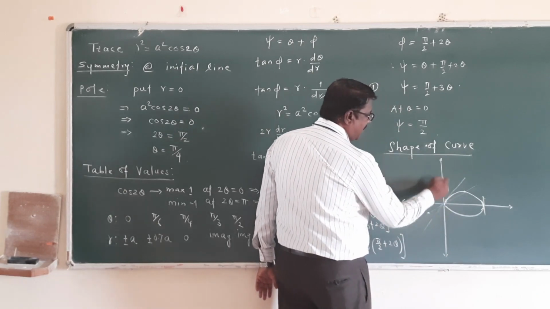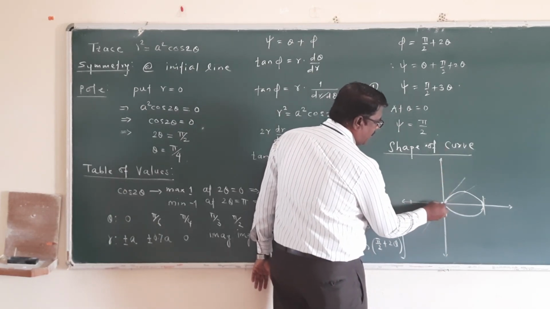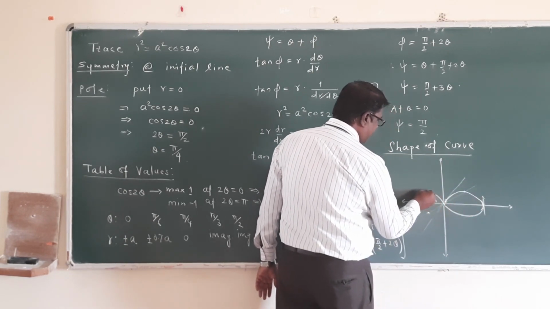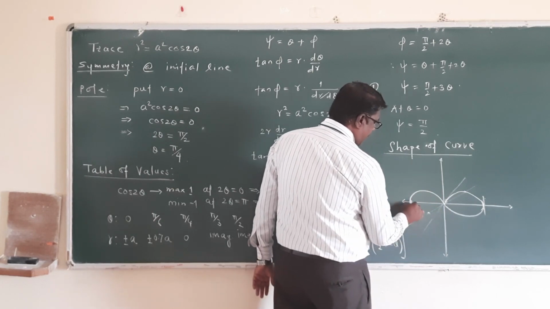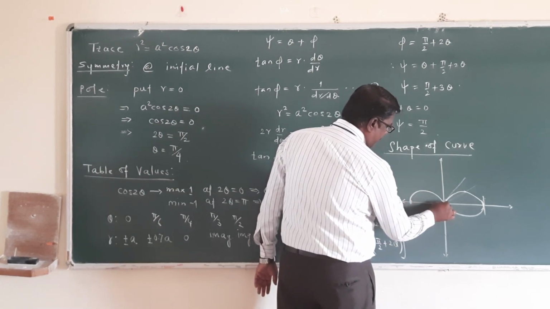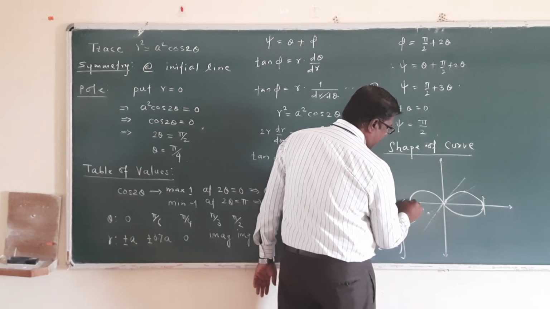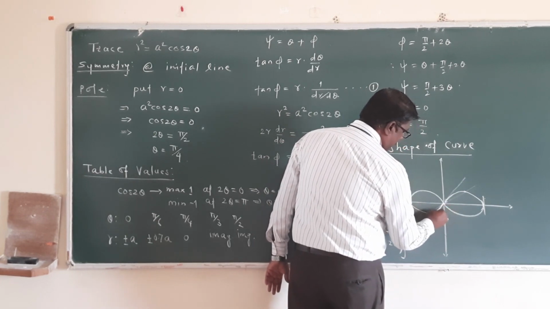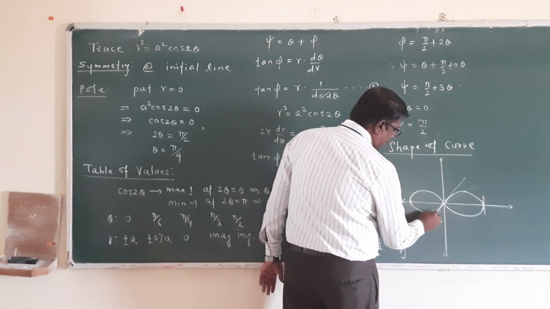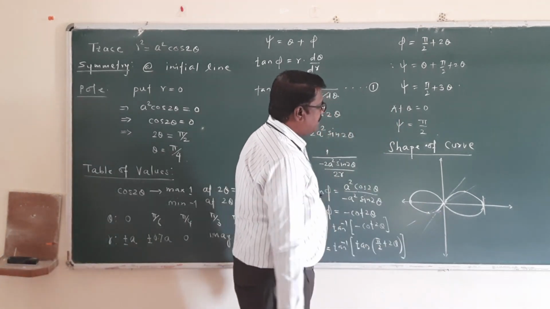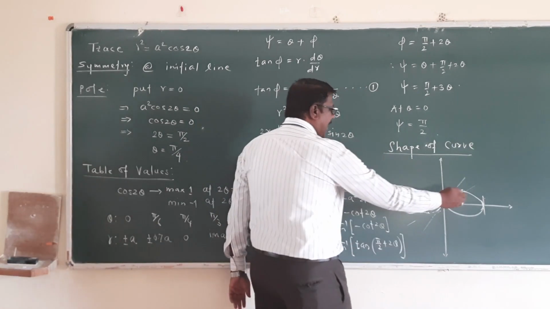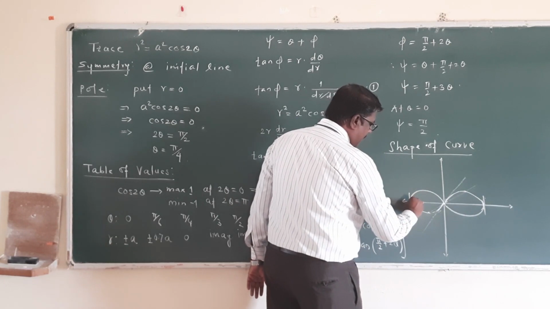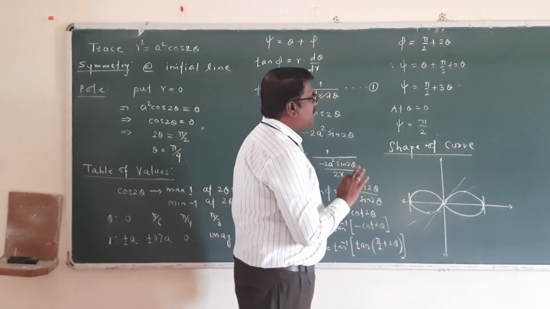So if the curve is symmetric about the line theta is equal to pi by 2, whatever curve we have drawn on this side, the same curve will be on this side. And again here also we will get the points like this. Okay. So this is the shape of the curve, and as tangent is at this point, so again it will be tangent at this point. So this is the final shape of the curve.